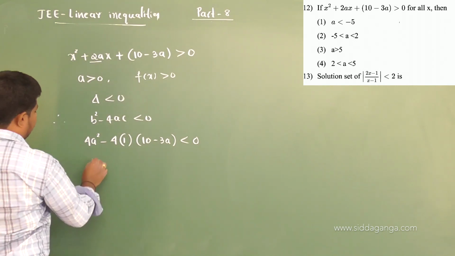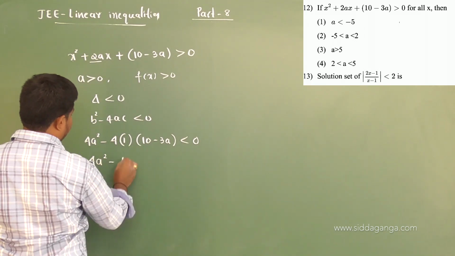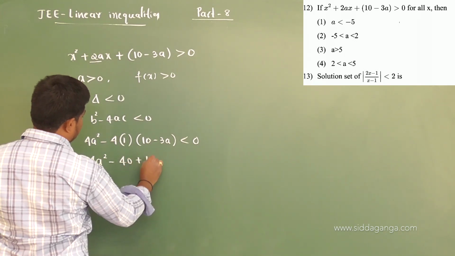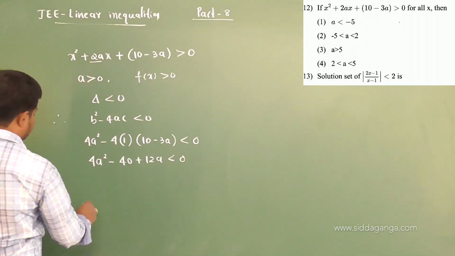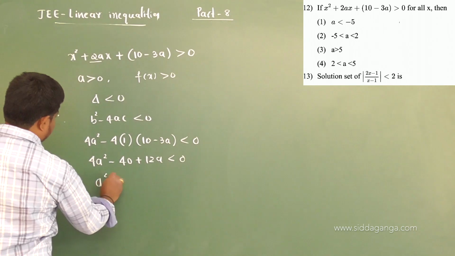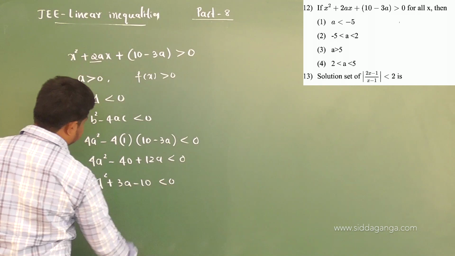So now 4a square minus 40 plus 12a less than 0. Dividing by 4 on both sides, we get a square plus 3a minus 10 less than 0.